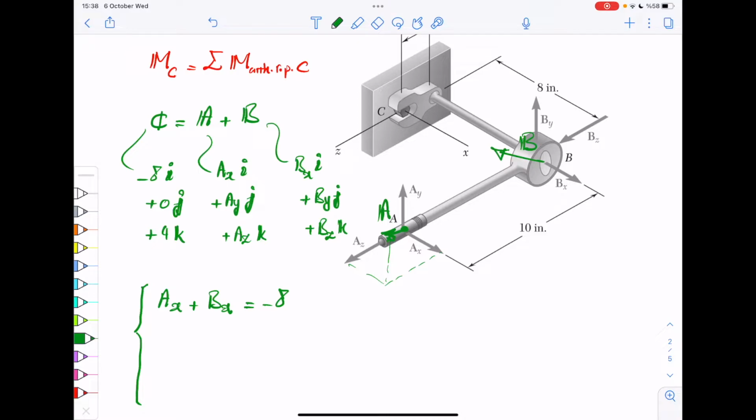The second equation is Ay plus By is 0. The last one is Az, which is now 2, so instead of Az, I'm going to write 2, plus Bz equals 4. All right, so these are 3 equations for now.